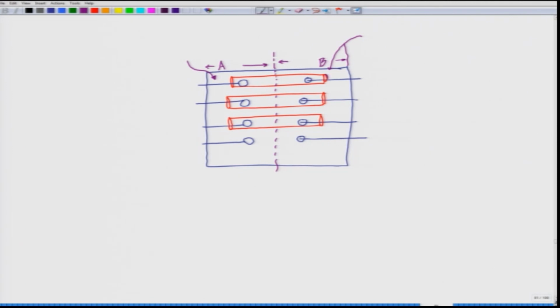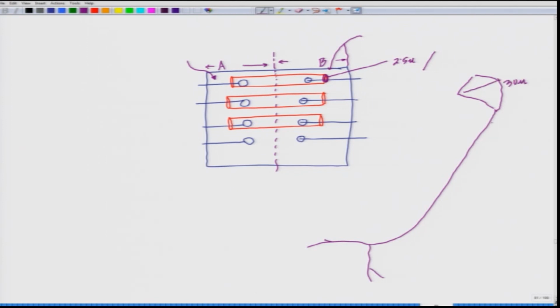You allow the single neuron processes through, because the diameter of this tunnel is around 2.5 micron, which could accommodate a typical brain neuron. The cell body is around 30 micron, whereas the cross sectional area is approximately 2 to 3 micron.